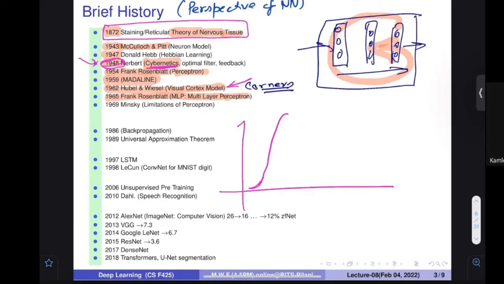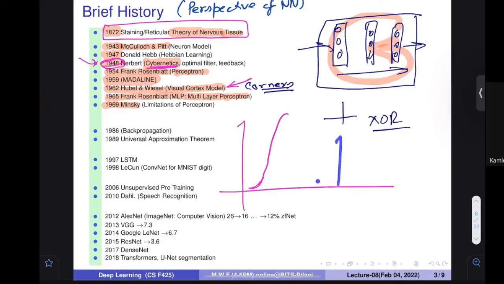It was proposed by Minsky around 1969, and he explained a similar concept with some examples. Using the XOR example, he showed that, as we all know, the perceptron is a linear decision boundary.